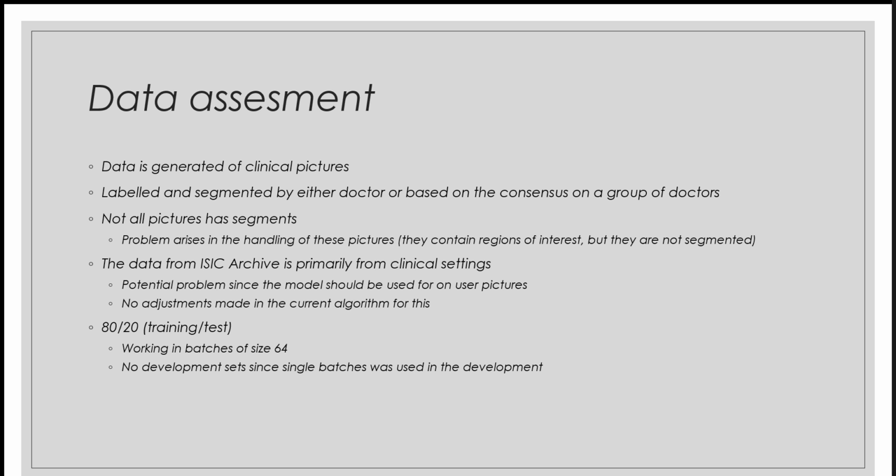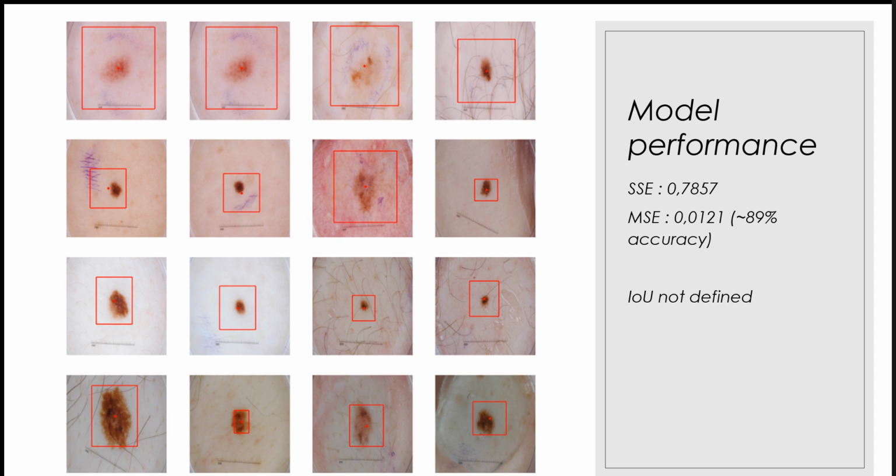When looking at the model performance, I achieved an 89% accuracy, and that's for every parameter. Every parameter of the x, y, w, h, I was 89% accurate in predicting those when using the model. It's a huge problem, and there's a lot of things to do, but I think it's a good benchmark.